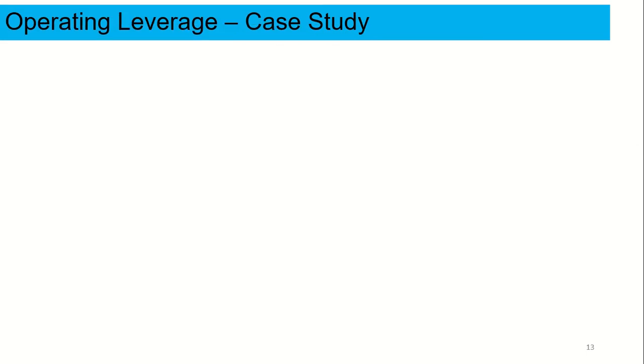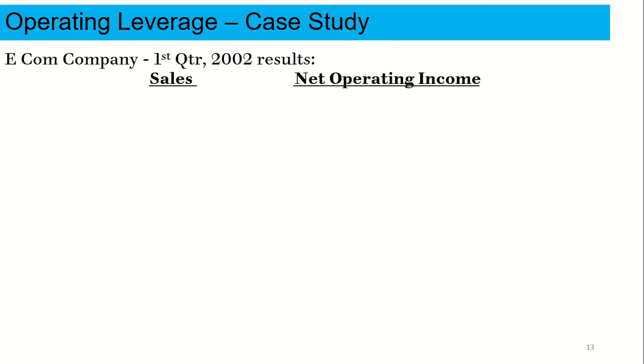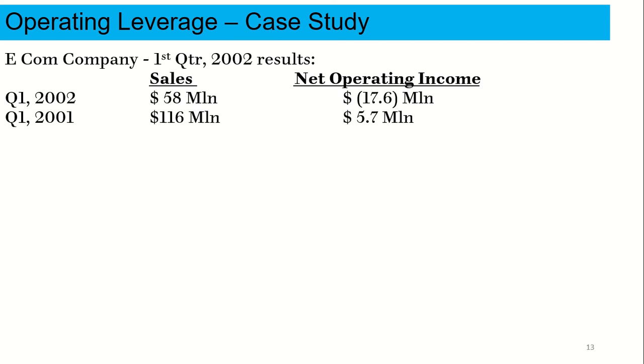Taking a look at a case study of an e-com company, let's take a look at different results that the company had in case of 2 quarters, one in previous financial year, one in current year. Sales of this company doubled from 58 to 116 million, and its net operating income increased from a loss of 17.6 to 5.7 million.